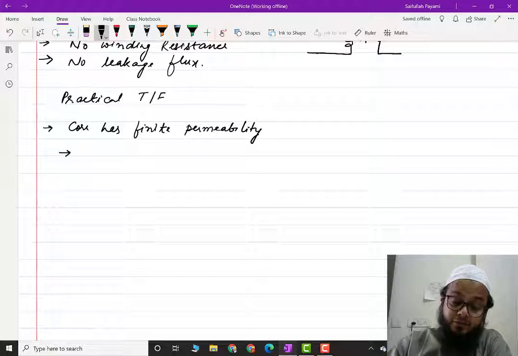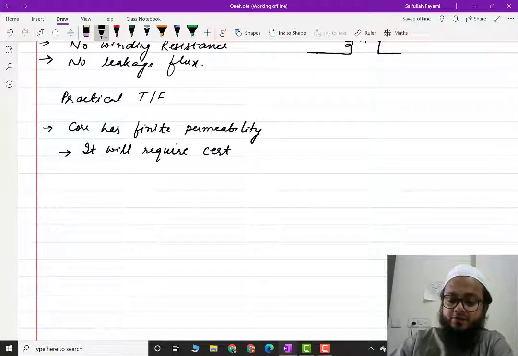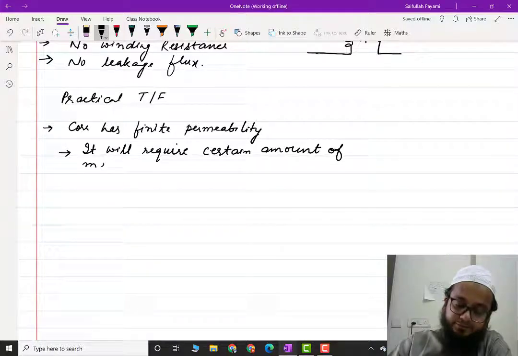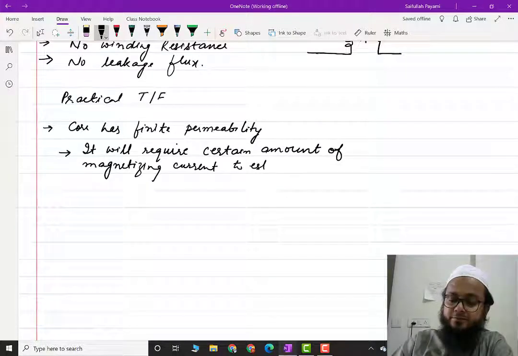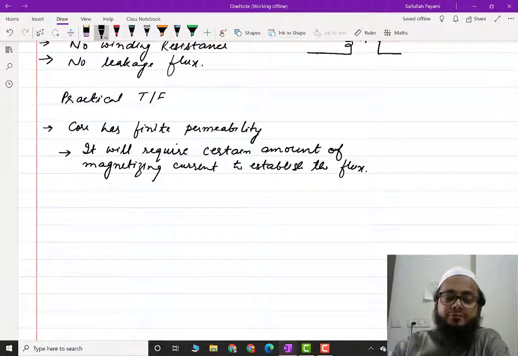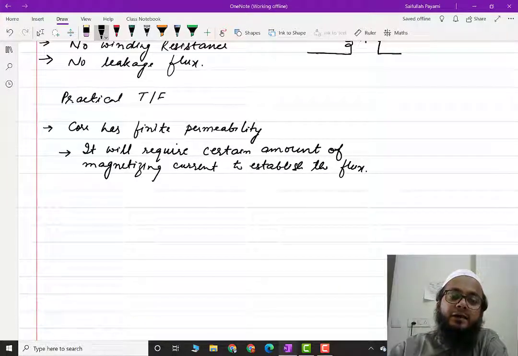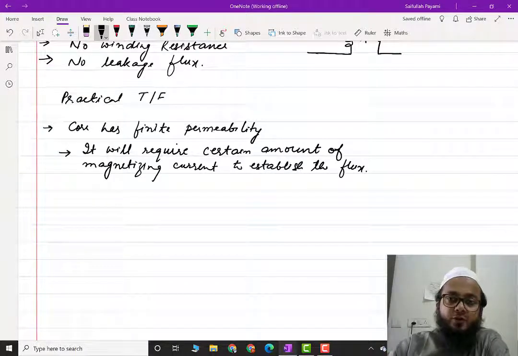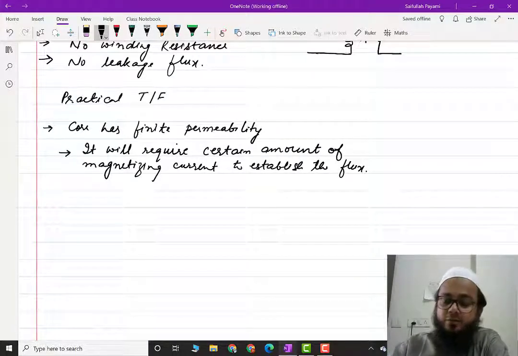We know that flux in the core is given by the MMF divided by the reluctance, and since a certain reluctance would be there, to counter that reluctance we need some magnetizing current from the source to magnetize the core.